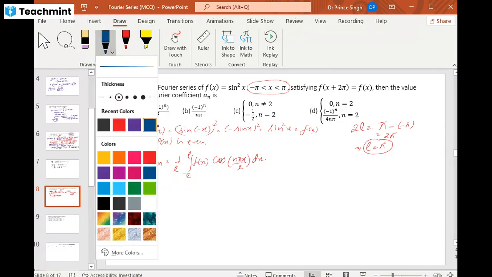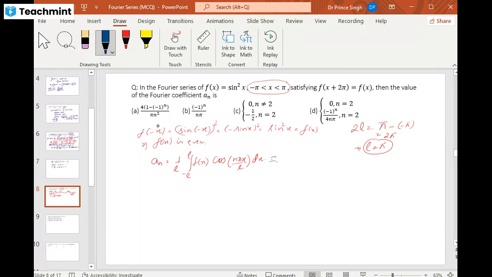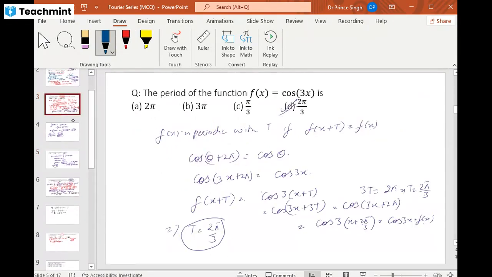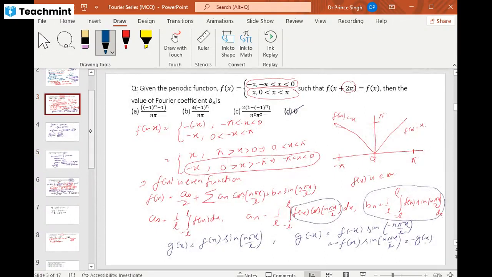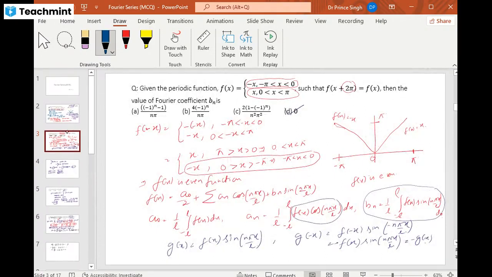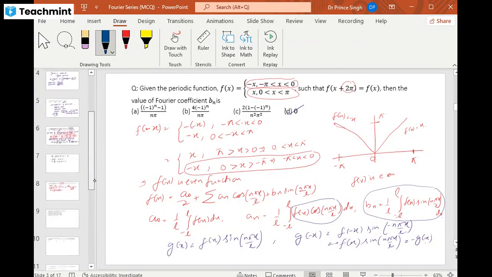Because this function is an even function, and I told you the product of two even functions is an even function, because f of x is even and cos is even. As we discussed in the beginning, in case of an even function, the formula we get is that the b n is 0. So it is 2 upon L we are getting here, right?